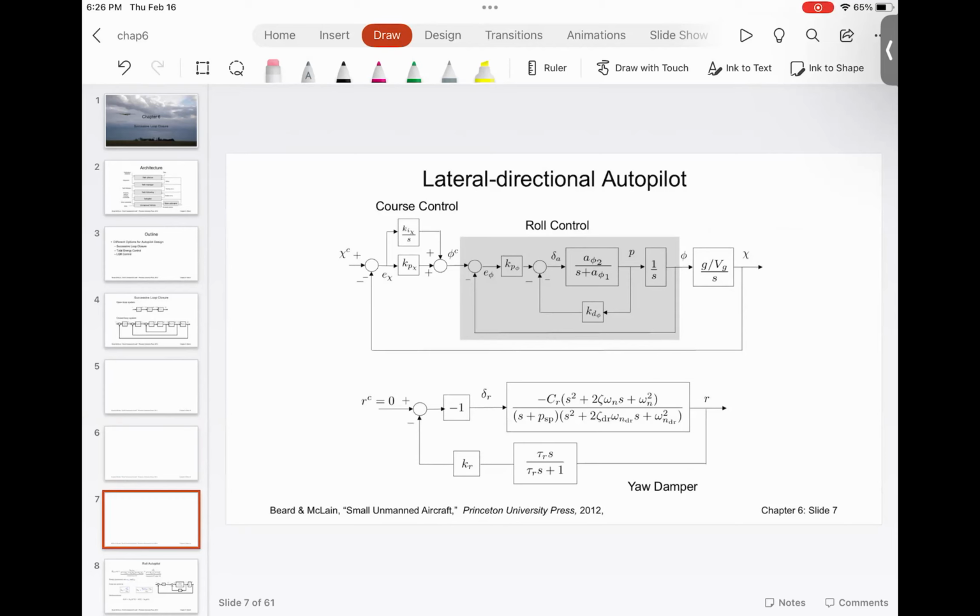I don't know if you remember this, but after spending more than 3 or 4 lessons on chapter 5, finally we got this lateral dynamics transfer function, wherein you have those external disturbances and you have these controller gains. So what I'm going to do is, I'm going to take this roll control and reduce that block diagram to something like this.